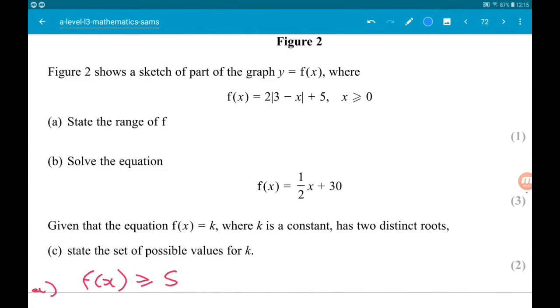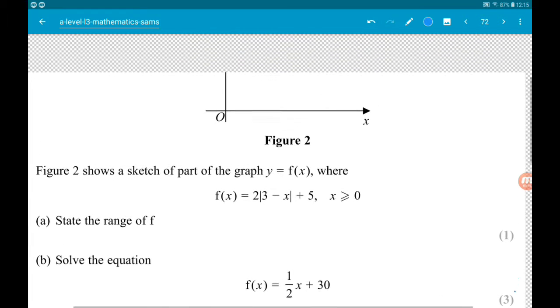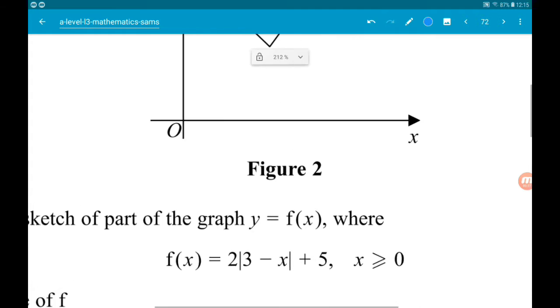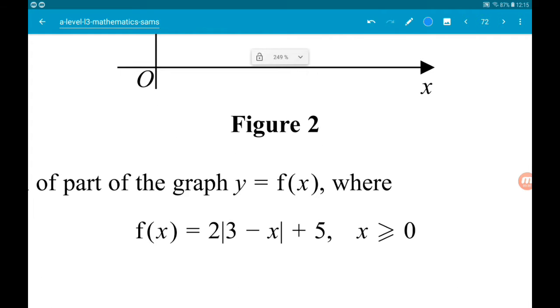Okay, then part B wants us to solve f of x is equal to 1/2 x add 30. So, for this, I'm going to think about the graphs a little bit. We know that f of x is defined such that x is only greater than or equal to 0. Now, when x is equal to 0, f of x would be 2 times 3 add 5, which is 11.